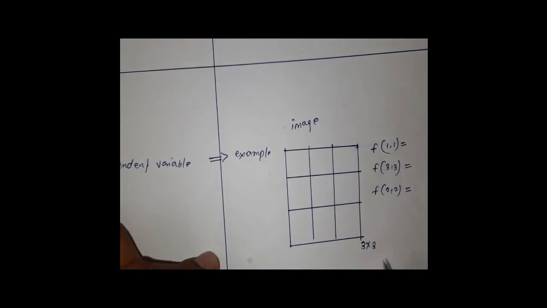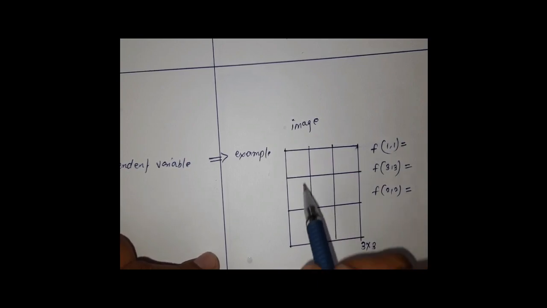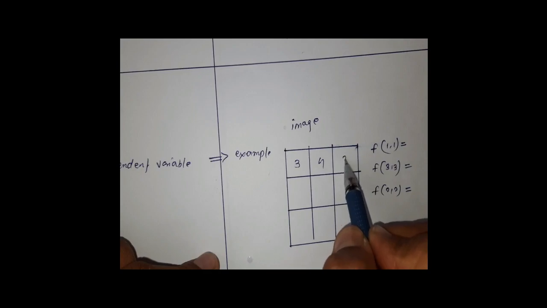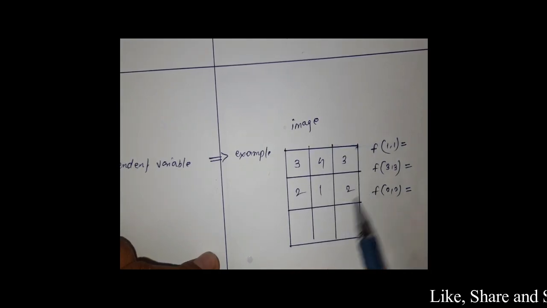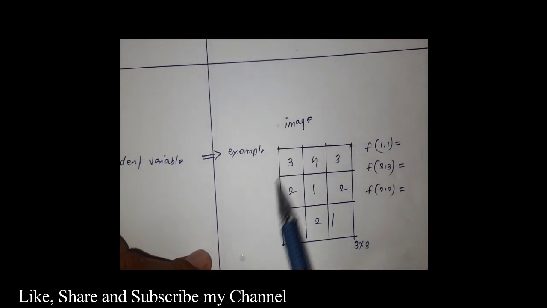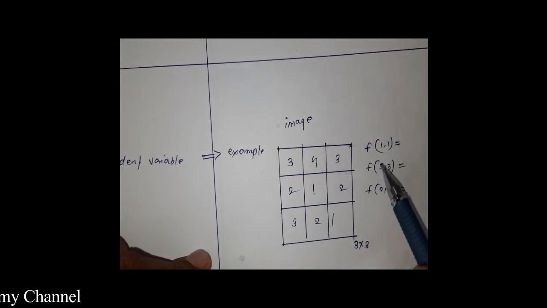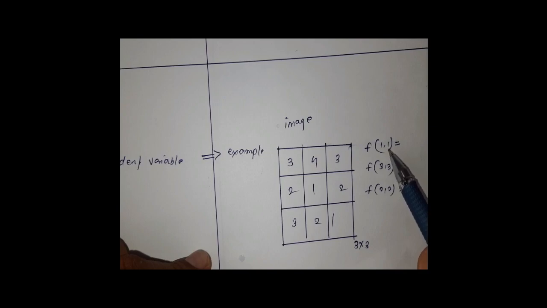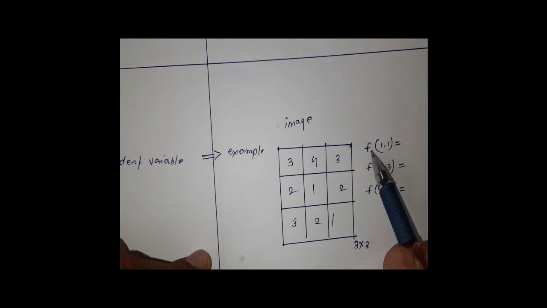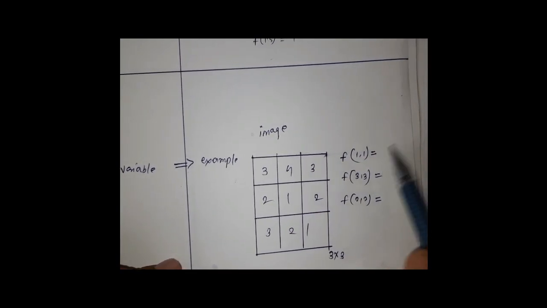An image is nothing but a matrix which consists of a number of pixels. So if I take random matrix values, suppose I take 3, 4, 3, 2, 1, 2, 3, 2, 1. Now these are some matrix values. Suppose I want to find out the value present at the first row and first column, that is f(1,1).